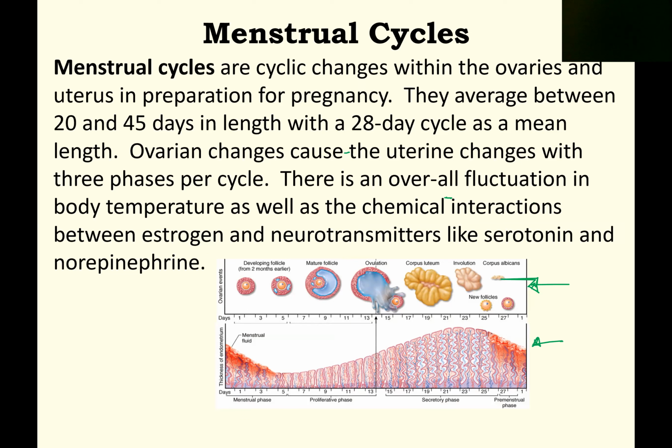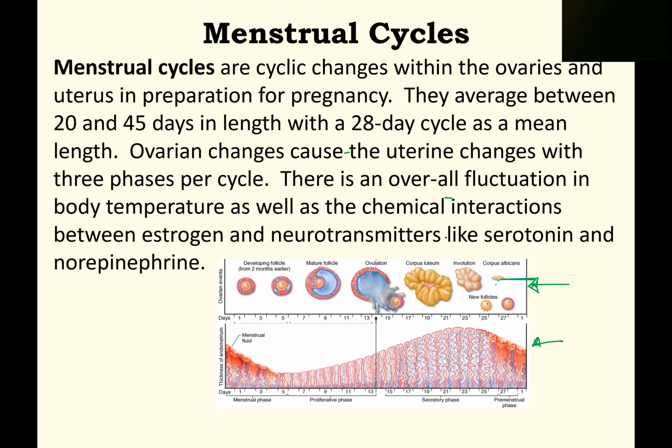So ovarian changes are going to cause the uterine changes, typically divided into 3 phases per cycle. There is also, what they don't reflect in this picture, an overall change in body temperatures and chemical interactions between estrogens and neurotransmitters like serotonin and norepinephrine.